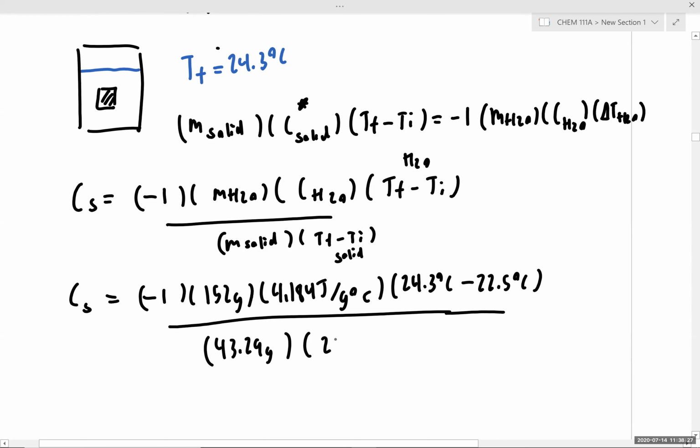The T final is 24.3 degrees Celsius, and the initial temperature is 99.8 degrees Celsius.